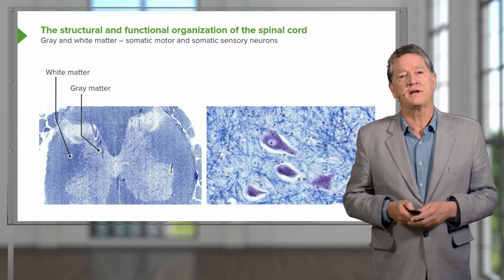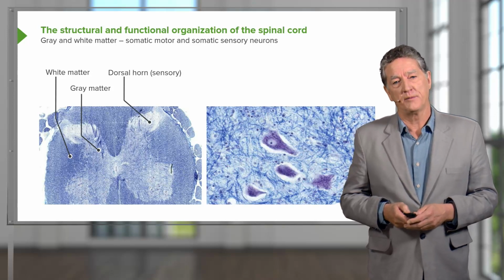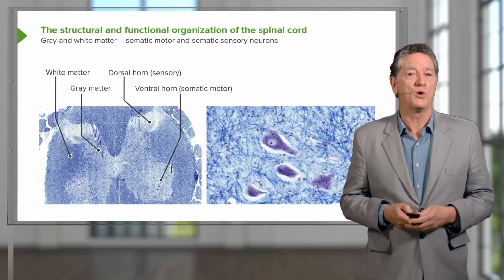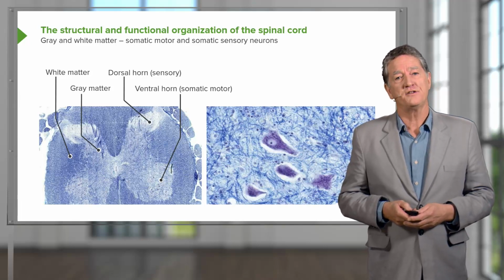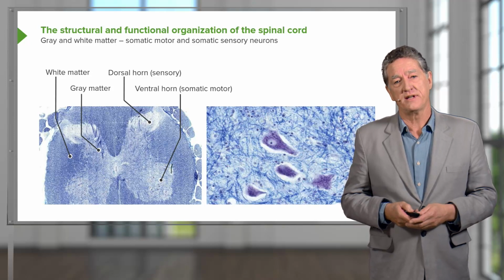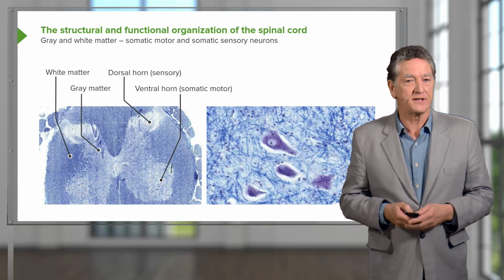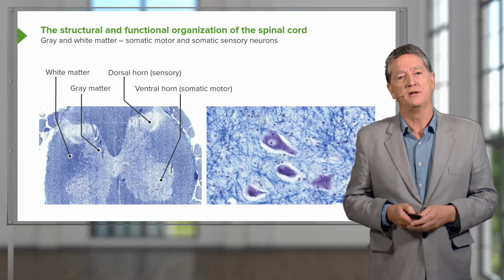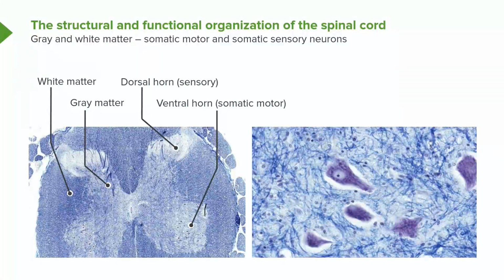If you look very carefully down in the bottom of the section where I've labelled the ventral horn, this is where the somatic motor neurons live. If you look very carefully at this low magnification picture, you may be able to see some little bluey spots. They're the ventral horn cells, the motor neurons you see on the right-hand section in higher magnification.